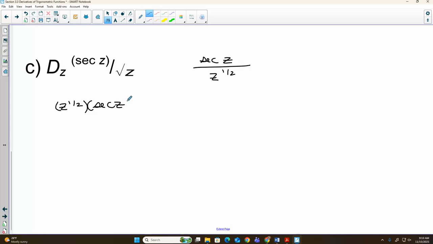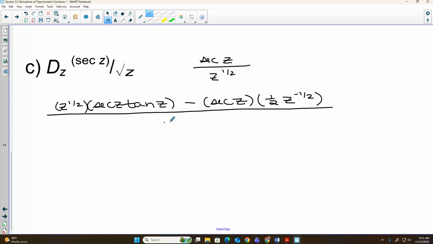Secant z tangent minus high, d low, derivative of the bottom. So the 1/2 comes down, z, subtract 1 from the power, so negative 1/2. Over low squared.